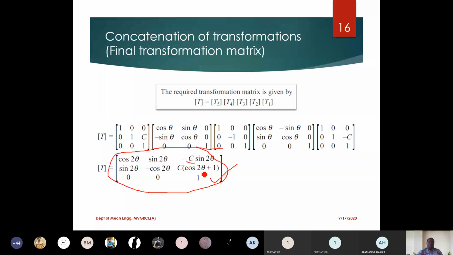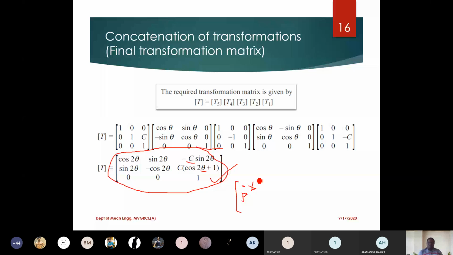Once you get the final transformation matrix, the remaining operation is the same. What is the remaining operation? P star is equal to this final transformation matrix T multiplied by all the old points, which means x, y, 1.